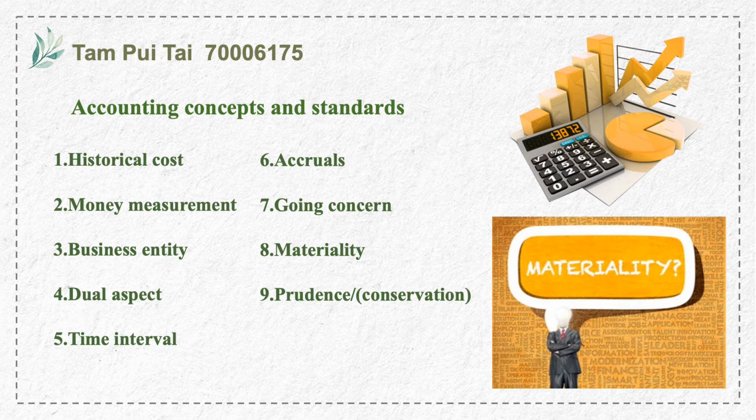And number 8 is materiality. Whether an item is material or not depends on the size of the business and is a matter of judgment. And number 9, prudence. Very often accountants have to use their judgment to decide which figures to take for an item.